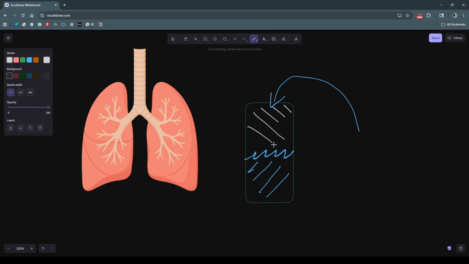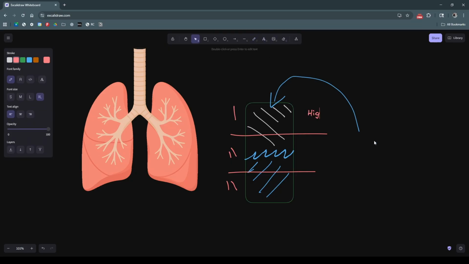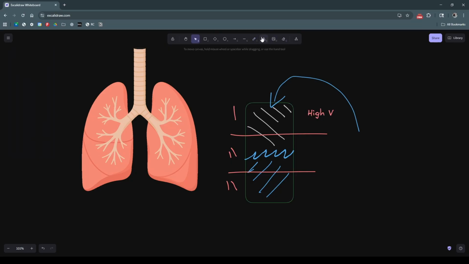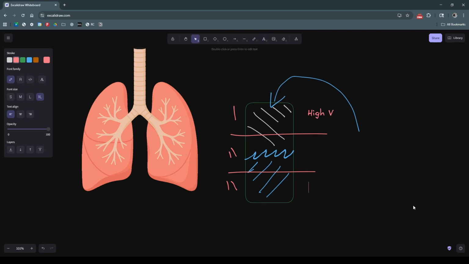And so if we broke this down into zones, let's call it zone 1, 2, and 3, we could see that in some instances we would have much higher ventilation occurring than perfusion. So with all of the air up here and very little of the fluid, we would call this high ventilation, right? And then down here, we would call this low ventilation.